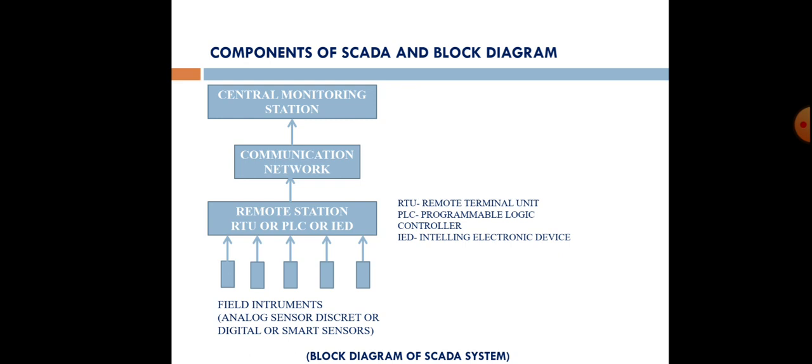Remote station accommodates remote terminal unit, called RTU, or programmable logic controller, which is PLC. RTU converts the electrical signals such as valve closed or open, pressure or flow, voltage or current, etc. obtained from the equipment into digital signals.